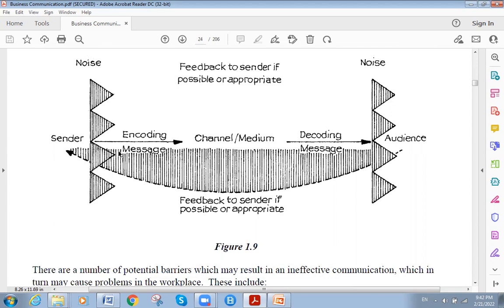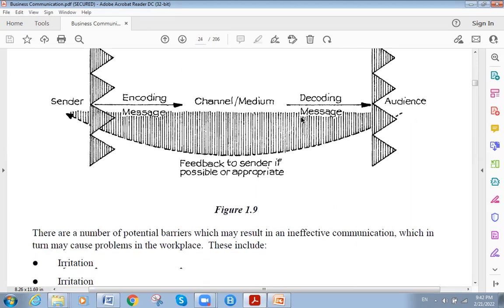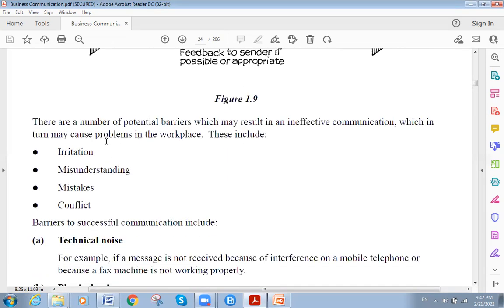And these noises might also affect the encoding and the decoding. There are a number of potential barriers which may result in ineffective communication.